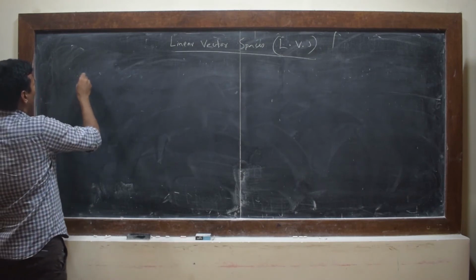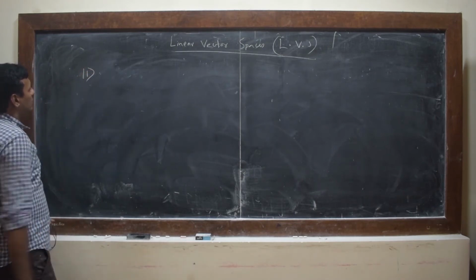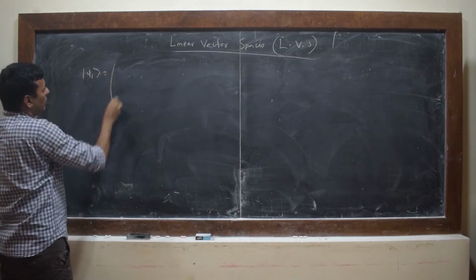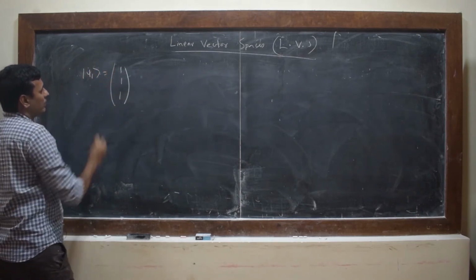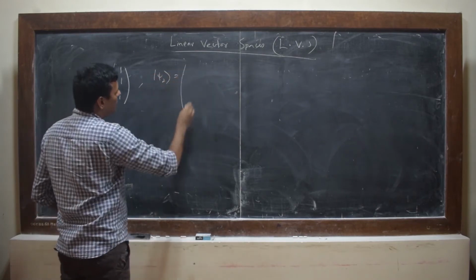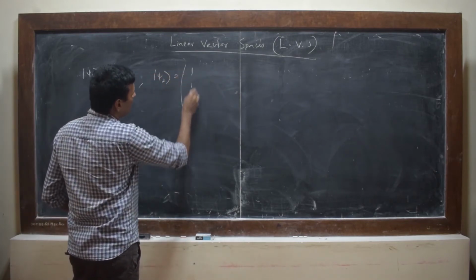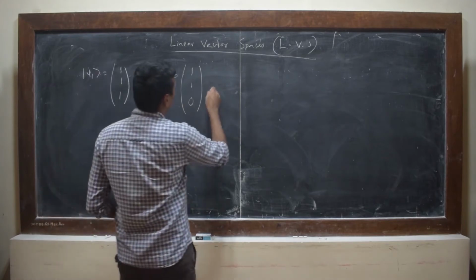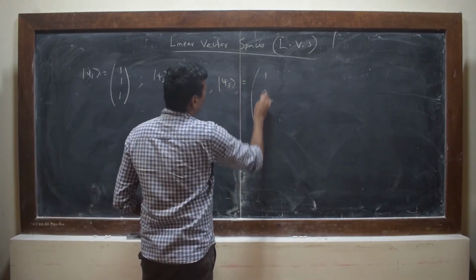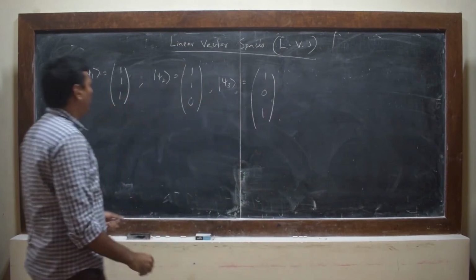Alright, suppose that you have your vector psi 1 equal to (1,1,1), and psi 2 is actually (1,1,0), and say psi 3 is (1,0,1).